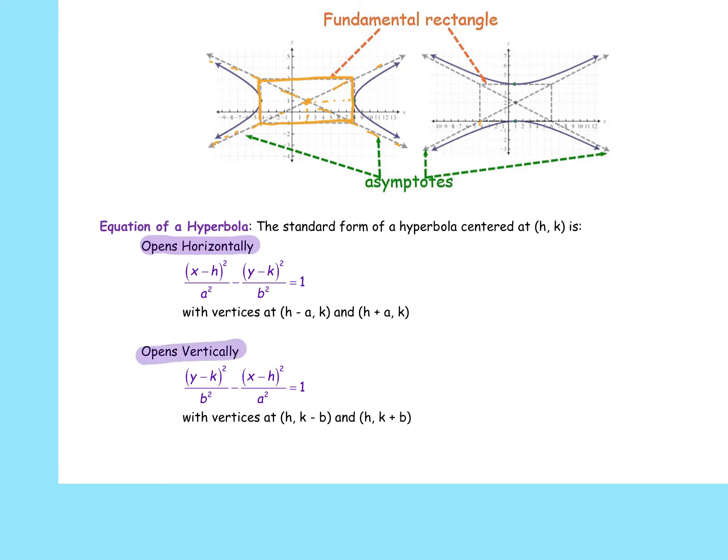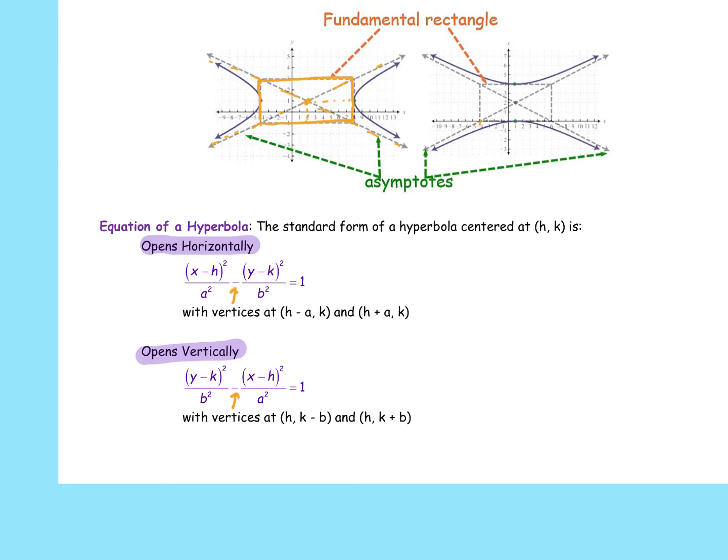The equation looks very similar to the ellipse. The difference is instead of a plus, we have a minus in the middle, so I'm subtracting the two terms instead of adding. They still equal 1.